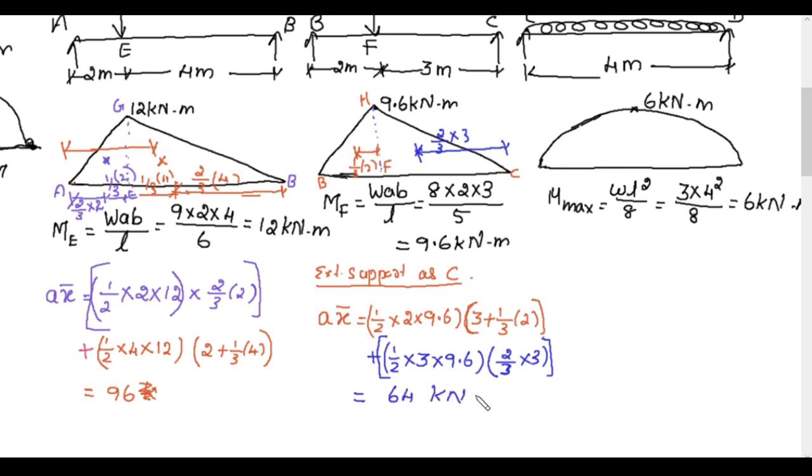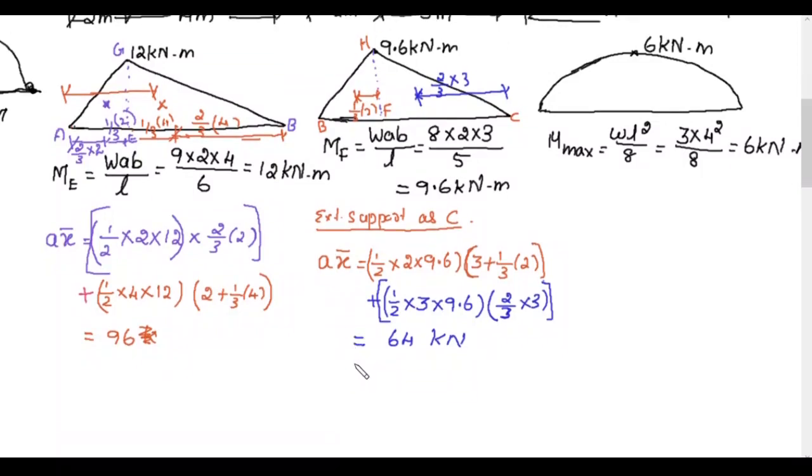Now, when we consider the extreme support as B, see, only for intermediate supports we have to calculate from both sides, from both supports. For extreme supports, only one end you can calculate.